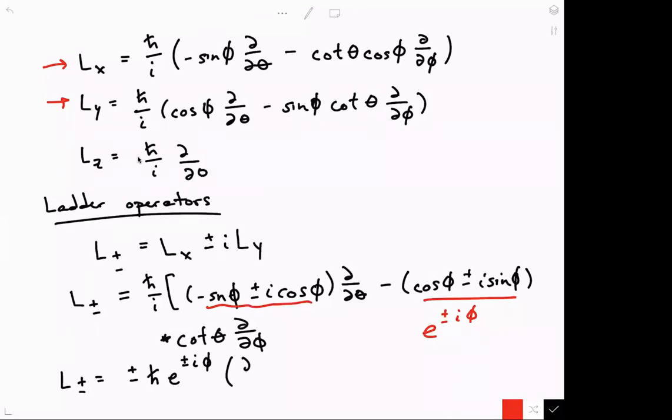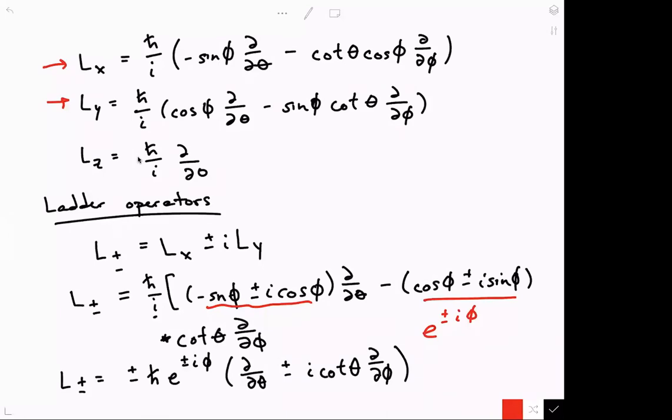So then you have d theta plus or minus i cotangent theta. So that's where this i in the front went, got distributed through. So i cotangent theta d phi there. Right, so that is our ladder operator.